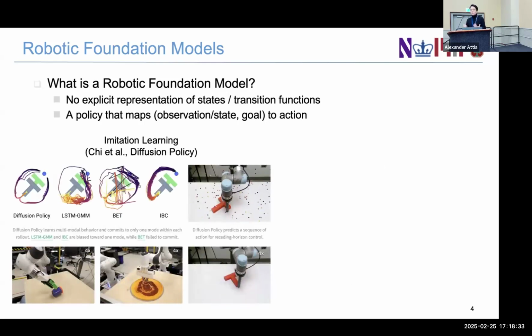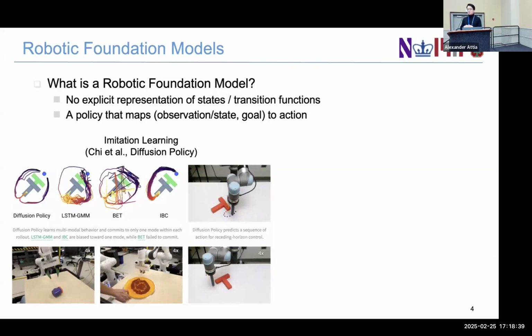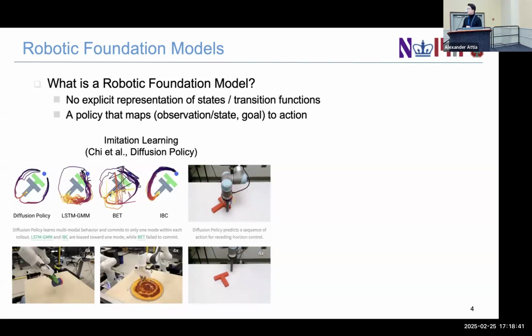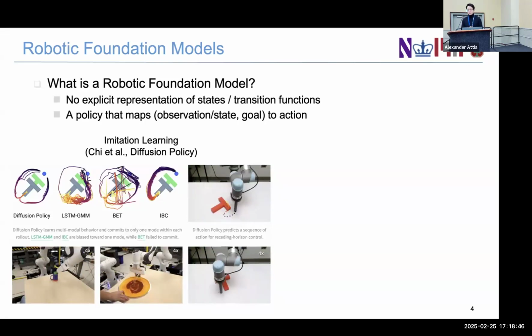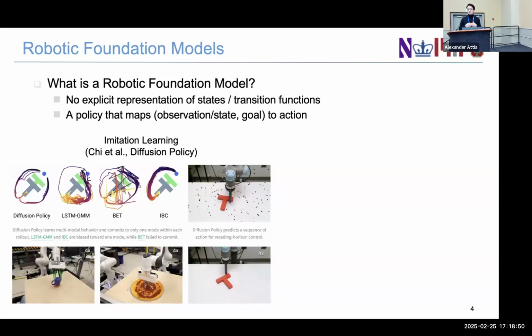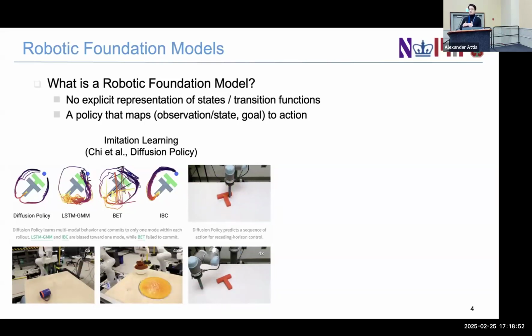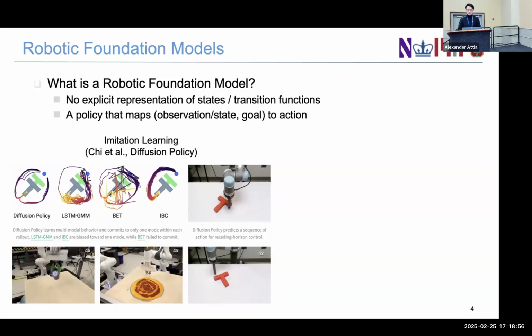And in talking about policies, there are some more typical types of policies people would imagine. Examples include imitation learning, in which people are learning from demonstrations. Given the demonstrations, this policy is learning this mapping from the current observational states into the actions. Here is just one example, diffusion policy.